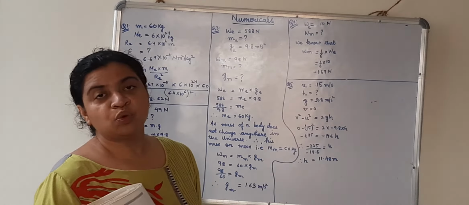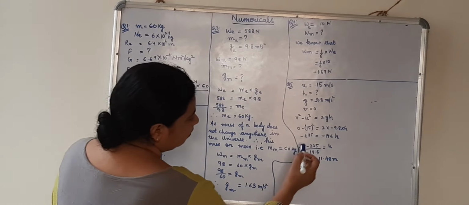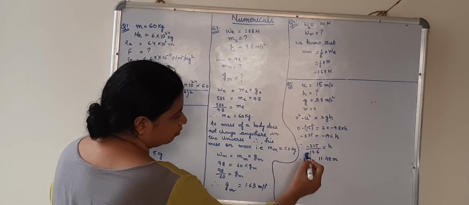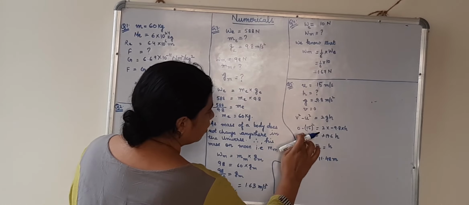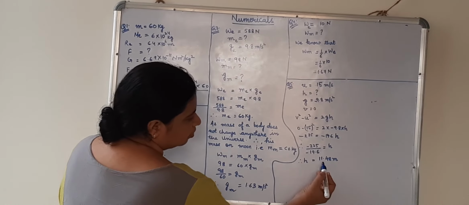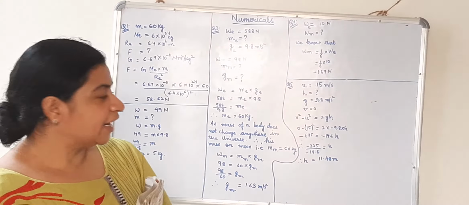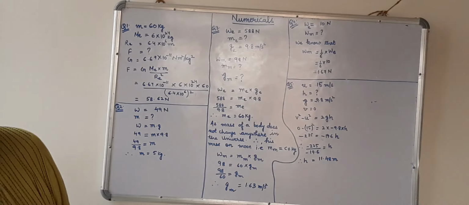When I multiply 2 into 9.8, I get 19.6. So minus minus will be cancelled here, in both the cases. Or if you do not want to cancel, you can cancel it here. Then after cancelling and calculating, you get height 11.48 meter.